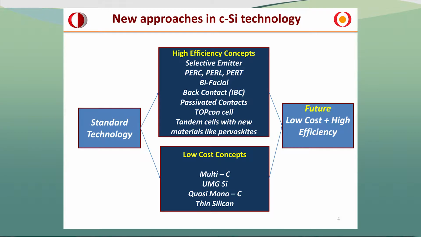Different varieties of solar cells based on crystalline silicon have been proposed recently. Among them, I can mention PERC cells, bifacials, back contact cells, TOPCon cells, and tandem cells. These are all being studied extensively.